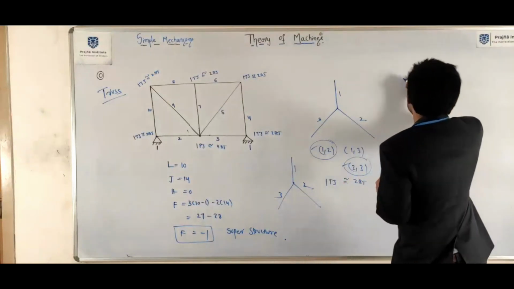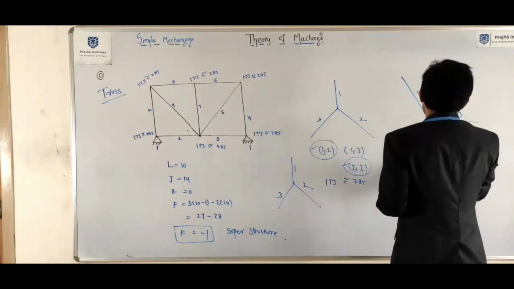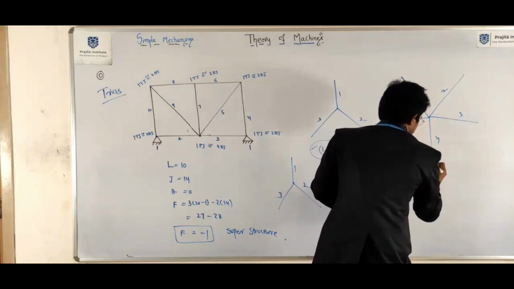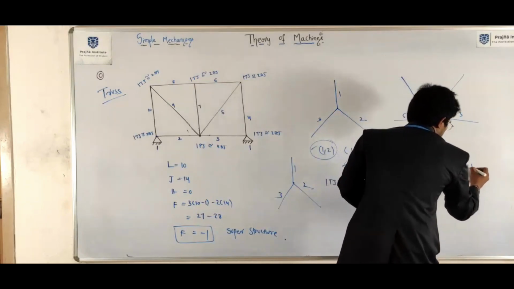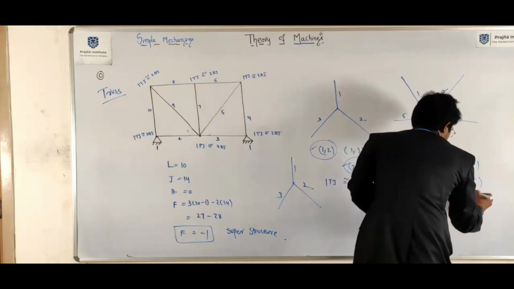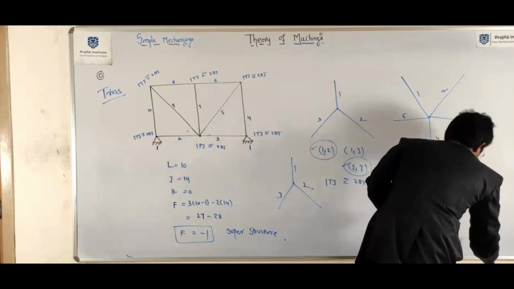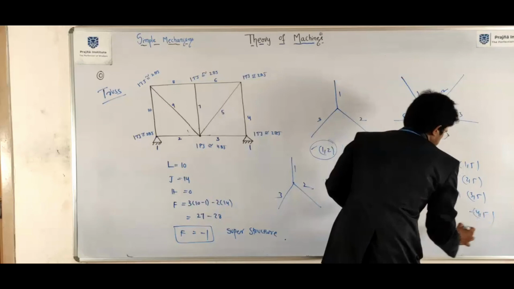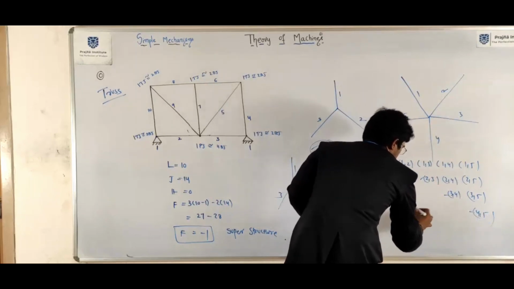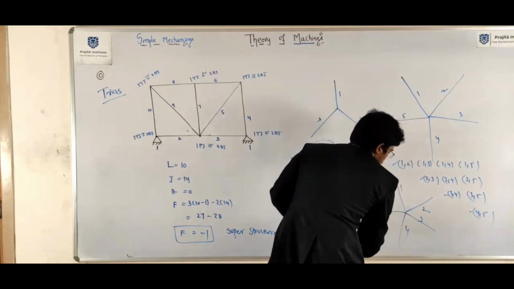Now penta, in the sense 1, 2, 3, 4, 5. So 1, 2, 1, 3, 1, 4, 1, 5, 2, 3, 2, 4, 2, 5, 3, 4, 3, 5, 4, 5. We can select 1, 2 and 2, 3, 3, 4, 4, 5.